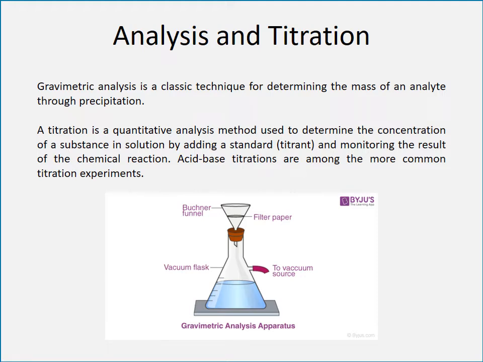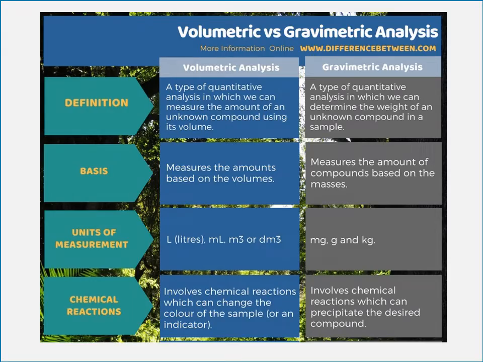If we are going to do gravimetric analysis, we are determining the mass of the analyte through precipitation. The precipitation method is the most common type of gravimetric analysis that we are going to use.